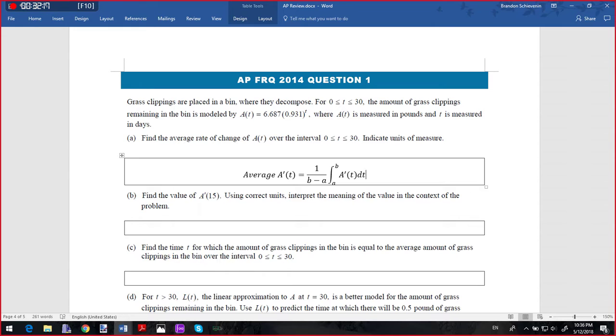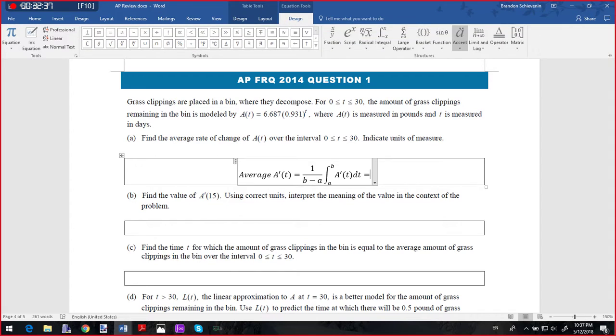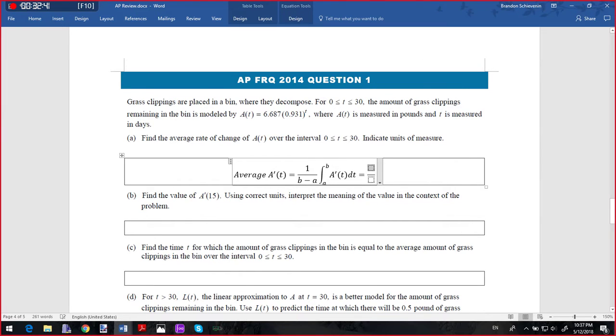So this is actually going to be A of b minus A of a, my amount at time b minus my amount at time a, over time b minus time a. To make this a little bit simpler, my average slope is just y2 minus y1 over x2 minus x1.